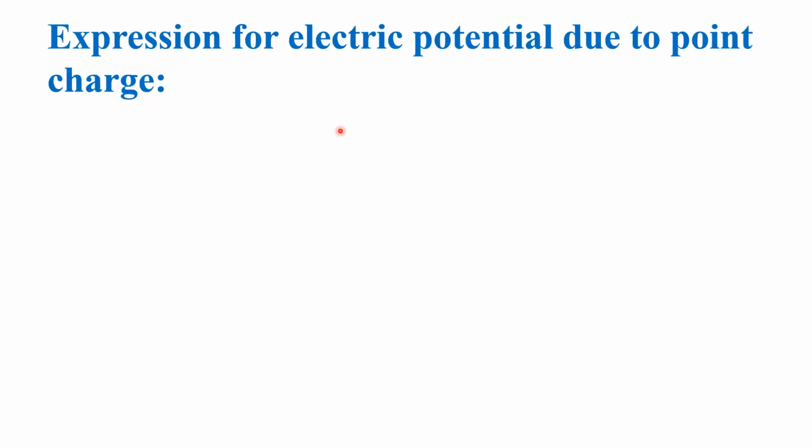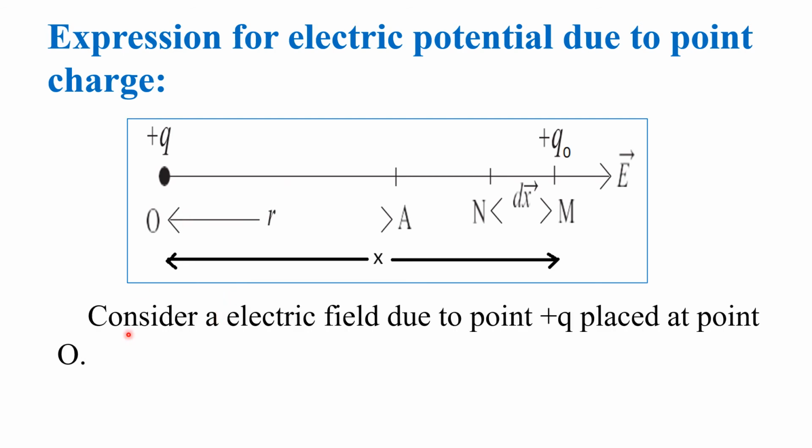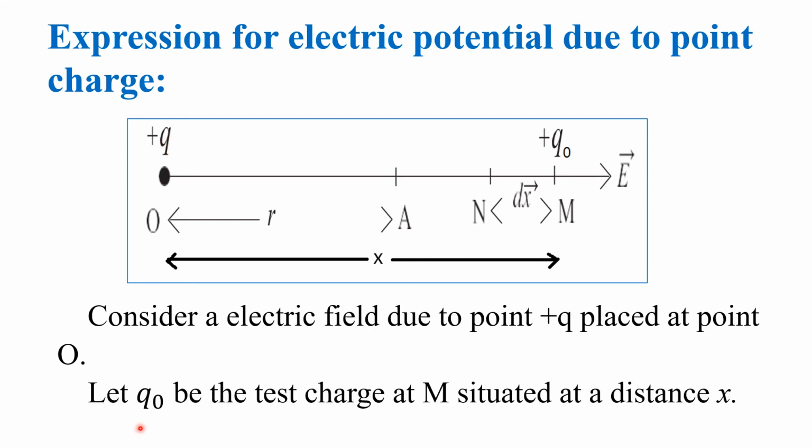Expression for electric potential due to a point charge. Now consider an electric field due to a plus Q charge placed at a point O. Let q0 be the test charge at a point M situated at a distance x from O. Now this M is considered as out of field, so any charge which is out of the field of plus Q is considered to be at infinity.